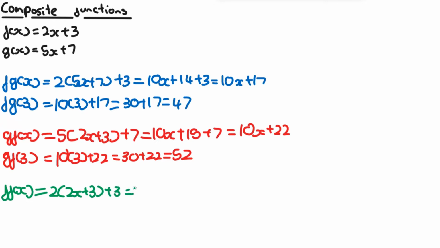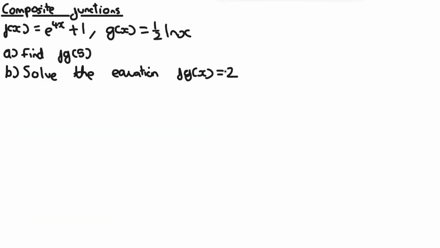If we expand the brackets, it's going to be 4x plus 6 plus 3, which is going to be 4x plus 9. So ff of x, or another thing it could be written as, f squared of x, is equal to 4x plus 9.